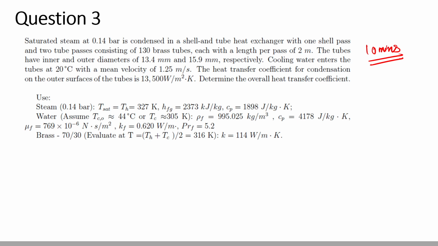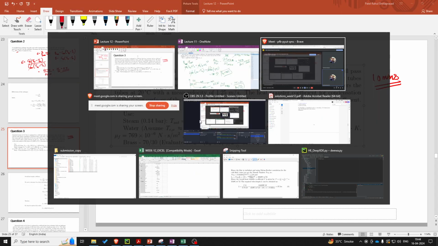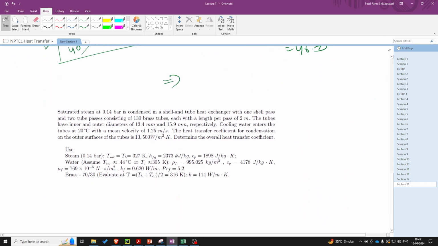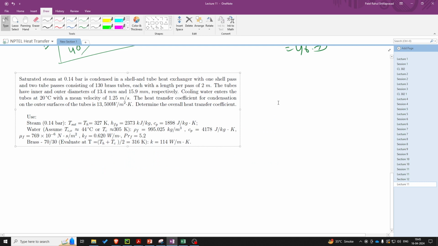So let's try to see the solution of this question. In this question, we are given that saturated steam at 0.14 bar is condensed in a shell and tube heat exchanger with one shell pass and two tube passes consisting of 130 brass tubes, each with length per pass of 2 meter.